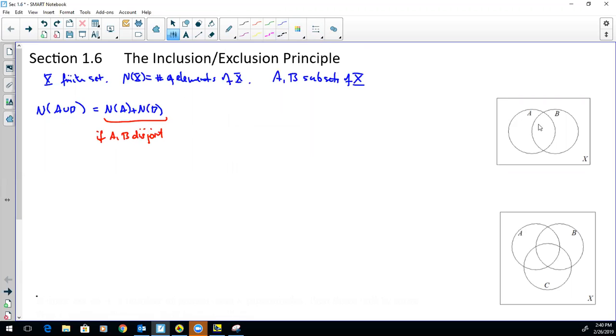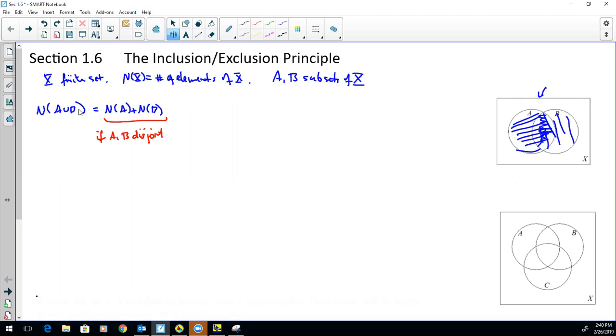But if A and B overlap, like I have illustrated over here with this Venn diagram, then you have to be a little bit careful, because if you count up everything that's in A and then add to it everything that's in B, the stuff in the very middle gets counted once when you count the set A and once when you count the set B. So you don't want to count it twice.